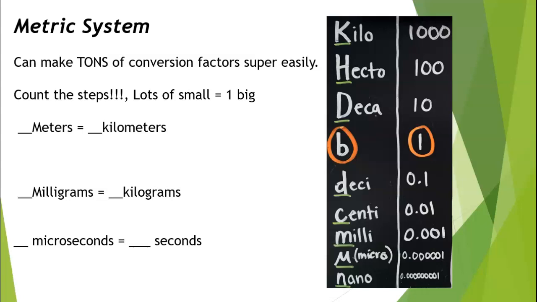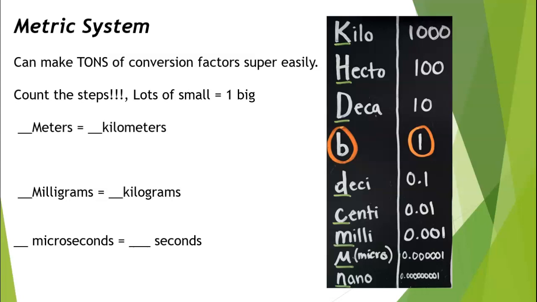So possibly the most important system of measurement used in science class at least is the metric system. And the metric system makes it super easy to make tons of different conversion factors because the metric system is a base 10 system.